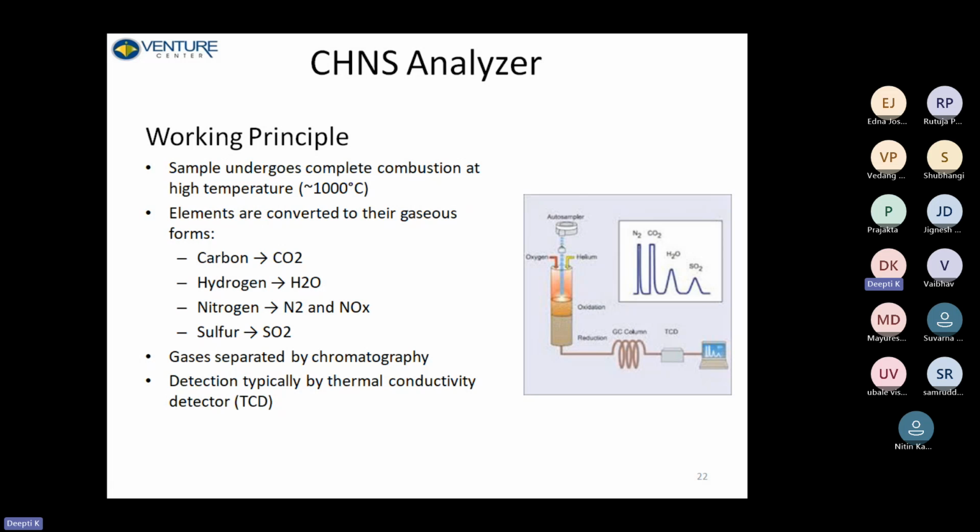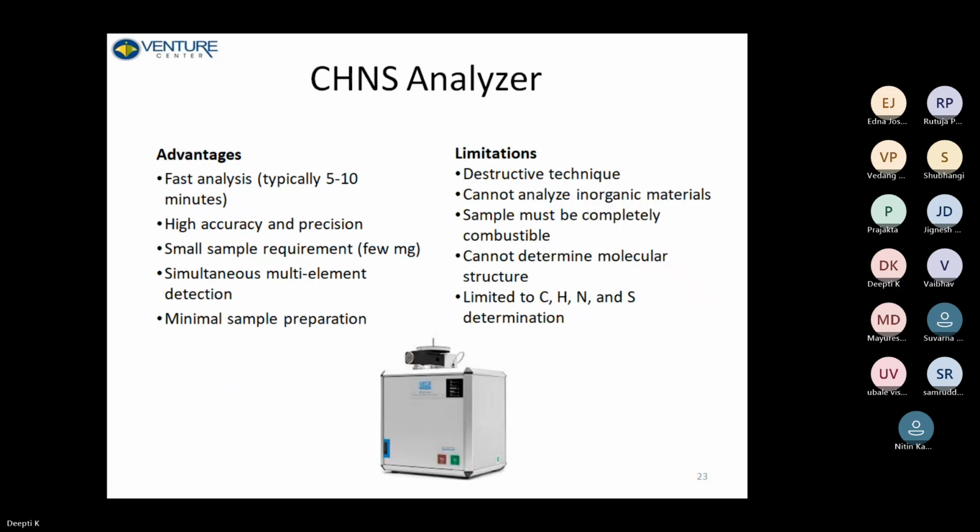If we want to determine the organic elemental composition of a particular sample in a very fast way, this technique is very useful. It has good accuracy and precision. Sample requirement is not much; a few milligrams of sample is enough. It can simultaneously measure all of CHNS with very minimal sample preparation.